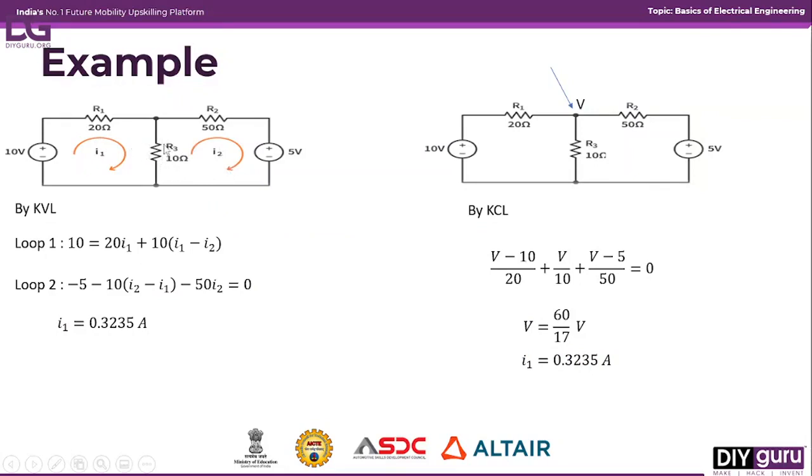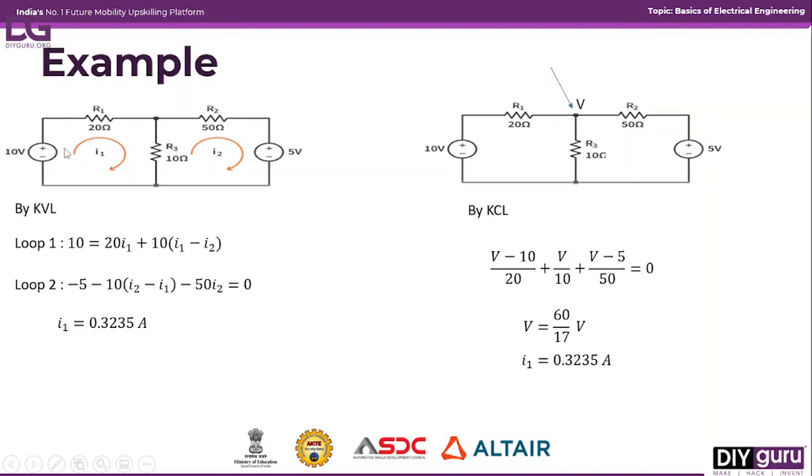Then the resultant current becomes I1 minus I2 when you are considering the first loop, because this current is dominating. So the current flowing through this resistance is I1 minus I2.